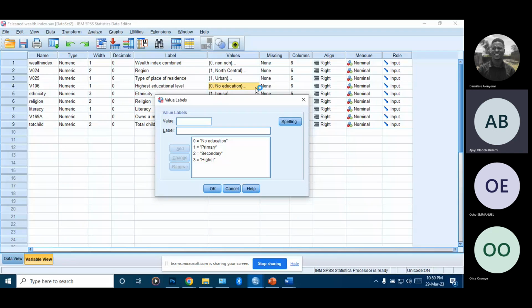I can actually group it into 2. How? Since I want to use binary logistic regression, I can decide to say, people that had no education and primary education, I should give them non-educated.